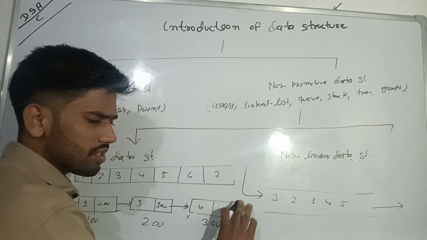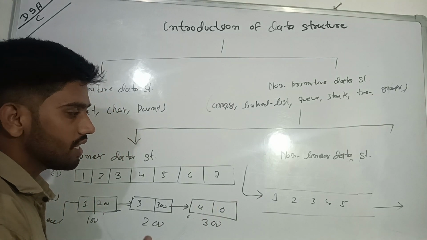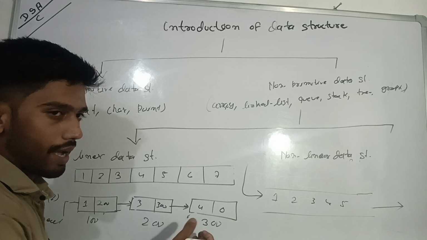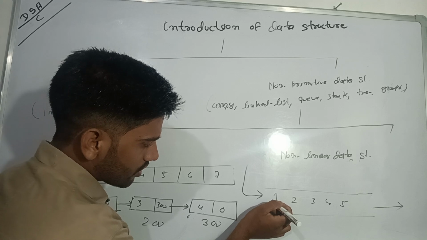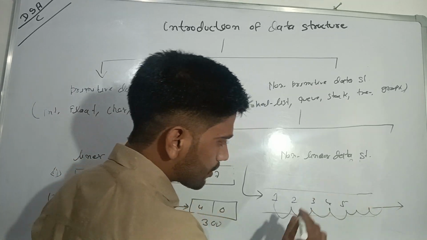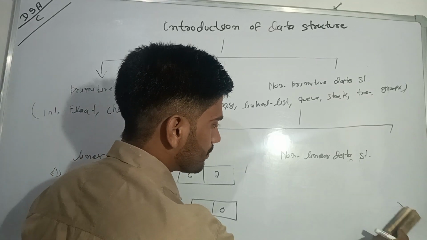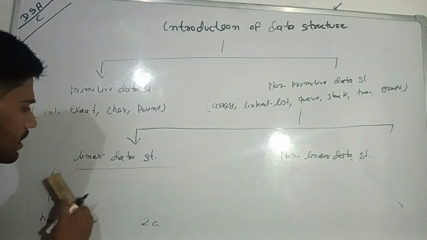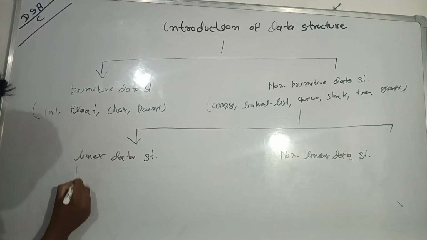We'll discuss in detail, but just for example, what is the linear data structure and types of the linear data structure. In a sequence order, it will always go in a sequence. That is the sequence order, right? We can say there are 4 types of linear data structure.